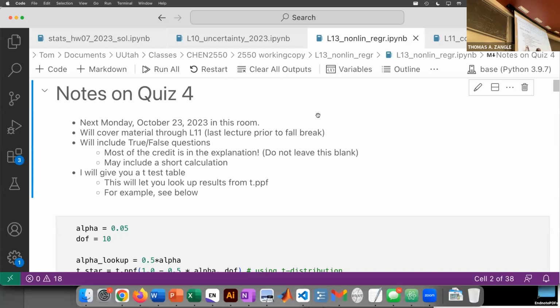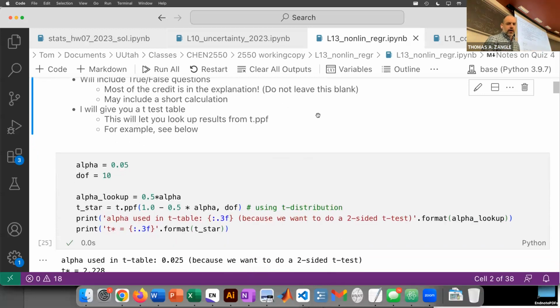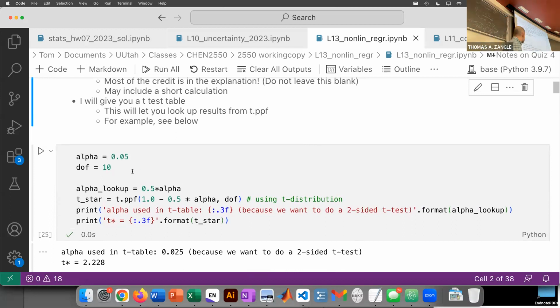So I'll give you a t-test table as part of your equation sheet, and it lets you look up results that you would otherwise have computed with the t.ppf function. There's an example here to relate the code, which we looked at in class and that you've been using in your homework, to the t-test table.